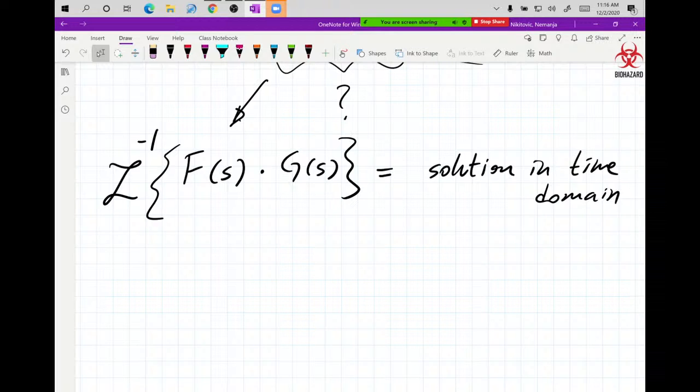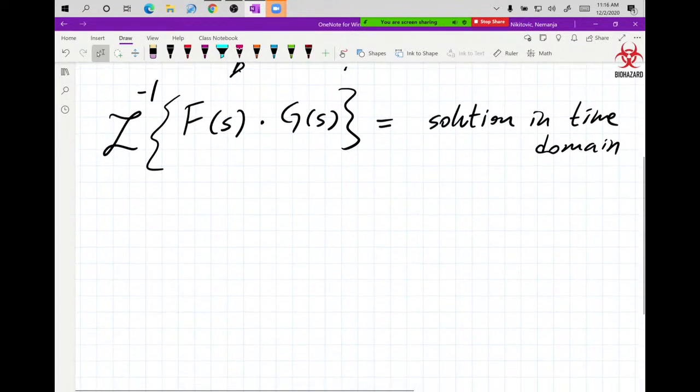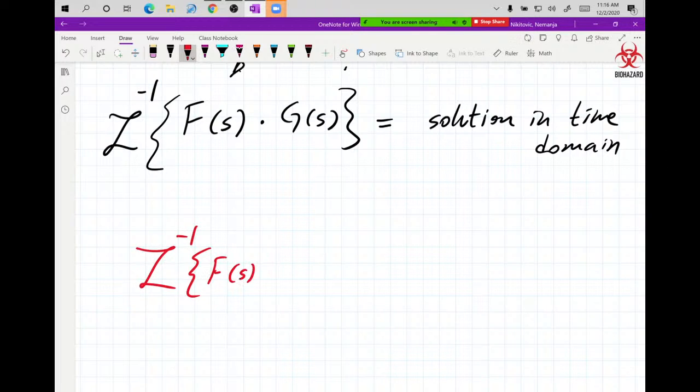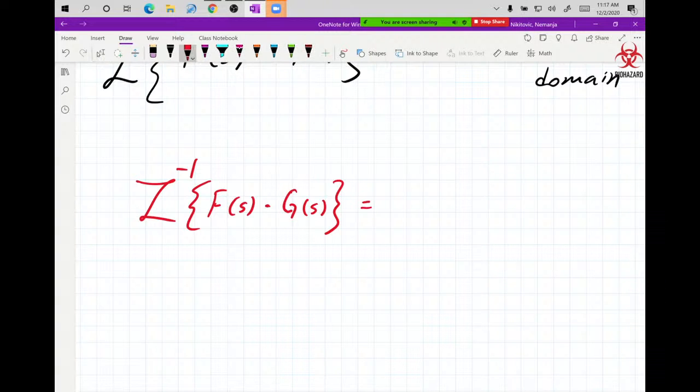And this is where the convolution property of the transform kicks in and defines it as inverse Laplace of multiplication of two functions in frequency domain, which is their Laplace transformed, right? Is going to be given as the convolution of these two functions.